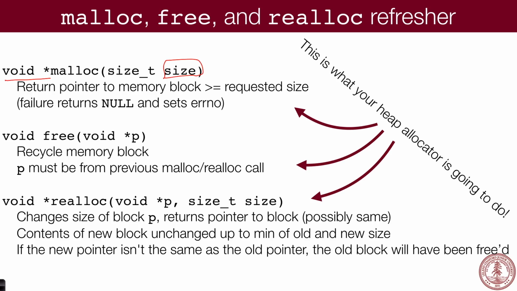Free, on the other hand, is just a void function, but it takes in a pointer that you, at some previous time, have called malloc or realloc or calloc on. Okay, that's a guarantee from you when you're using free that you're not going to pass it some bogus pointer. You can pass it null. But notice something about this. We don't pass in how many bytes we're freeing. Right? There is no notion of how many bytes you're freeing.